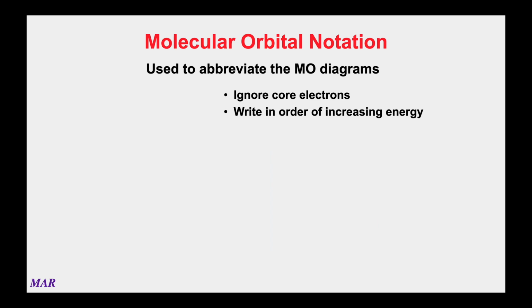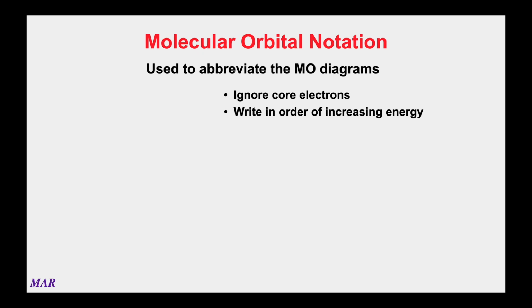Instead of drawing out the complicated 1-2-2-1s and 2-1-2-1 kind of diagrams, you can use a shorthand notation to represent your molecular orbital diagrams. These are really handy. They're a lot easier to draw in Microsoft Word or Google Docs than the full diagrams with pictures and stuff like that.